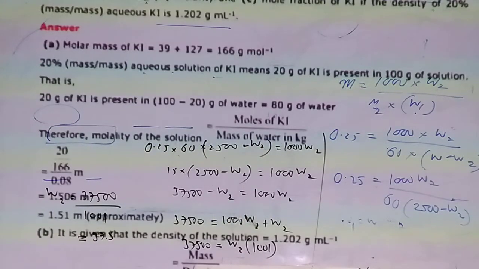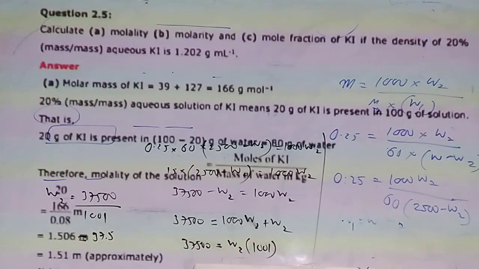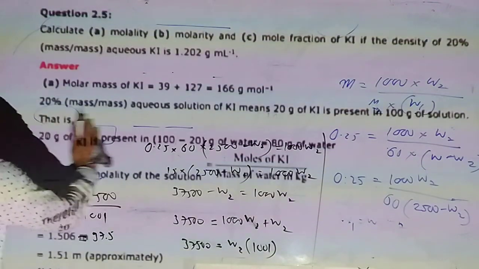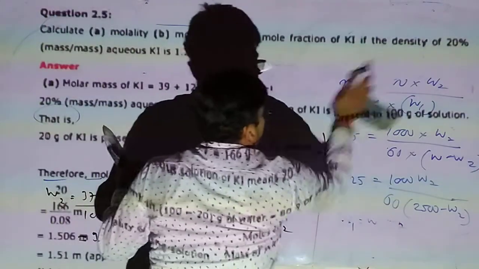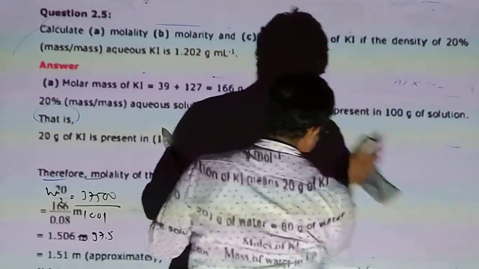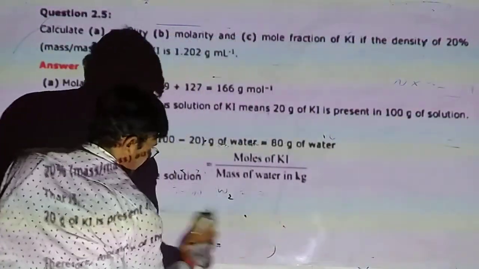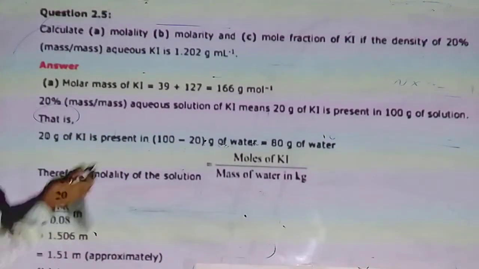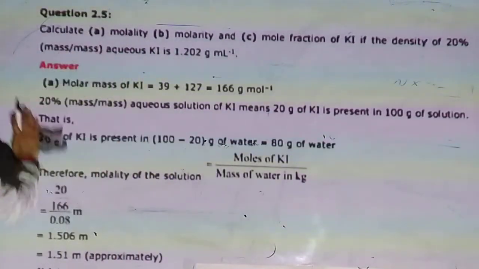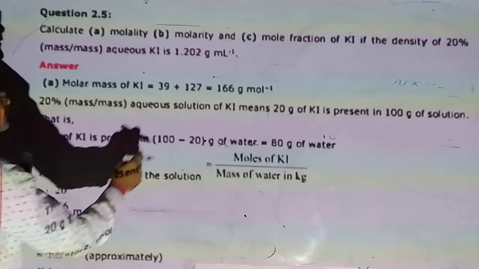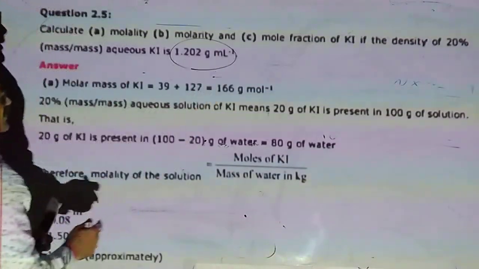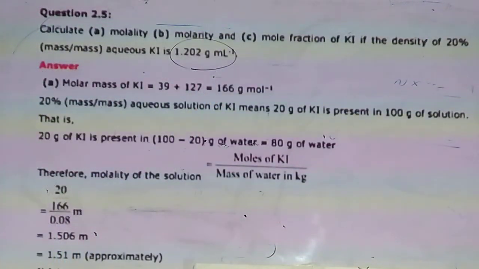Now the last question. Calculate the molarity and mole fraction of the potassium iodide solution. Density is given, 1.202, and the percentage mass upon mass, weight by weight, is given.